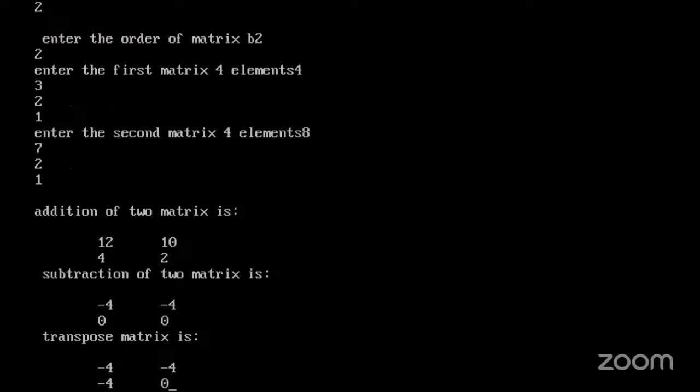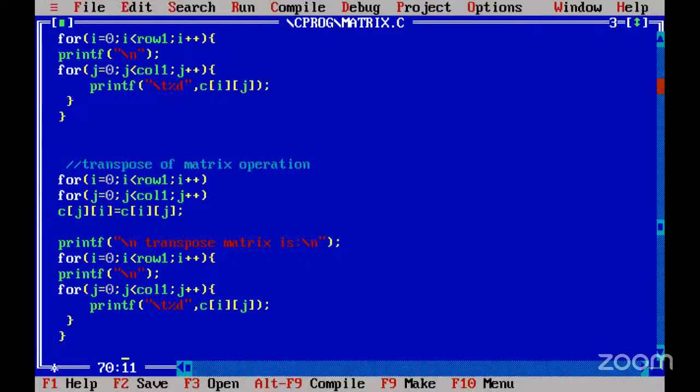So let me go here. 2 plus 2, 2 plus 2, 4, 3, 2, 1, 8, 7, 2, 1. So here, usually there is some mistake in transpose. I see that, but this is how we can do the transpose of a given matrix.